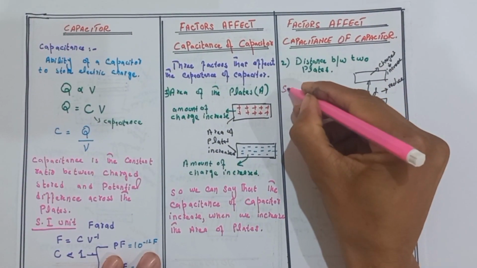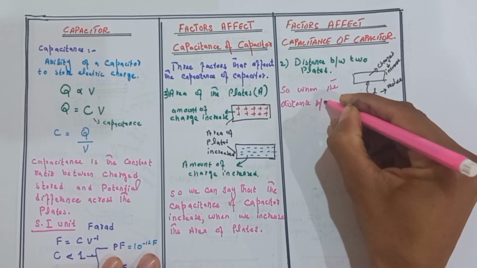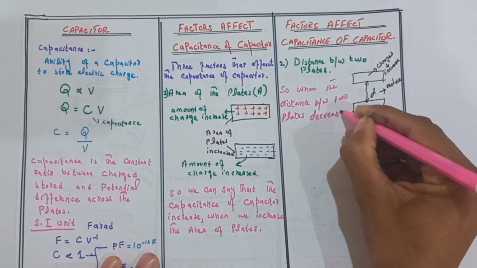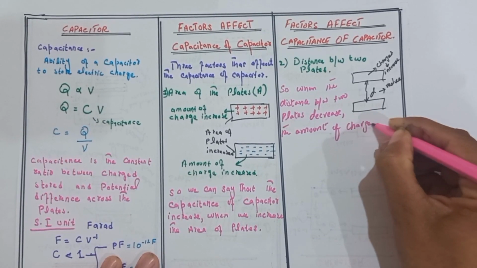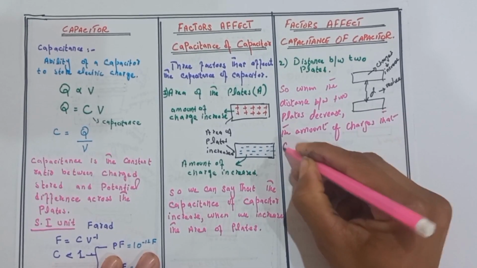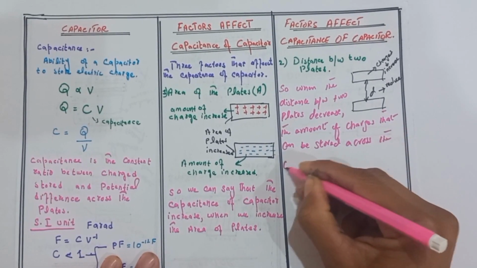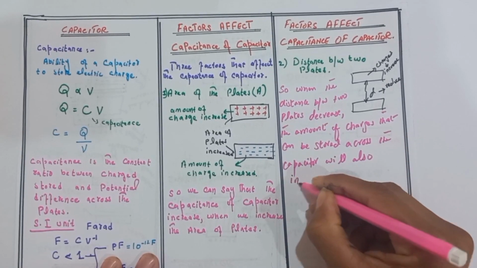So when the distance between two plates decreases, the amount of charge that can be stored across the capacitor will also increase.